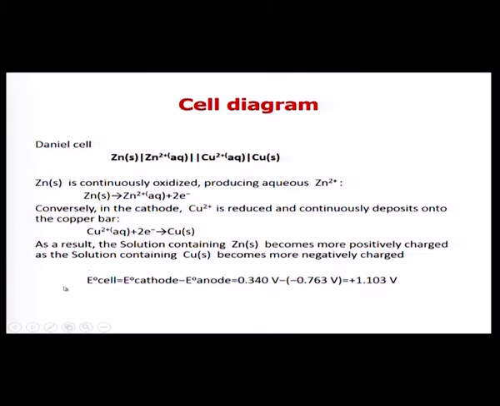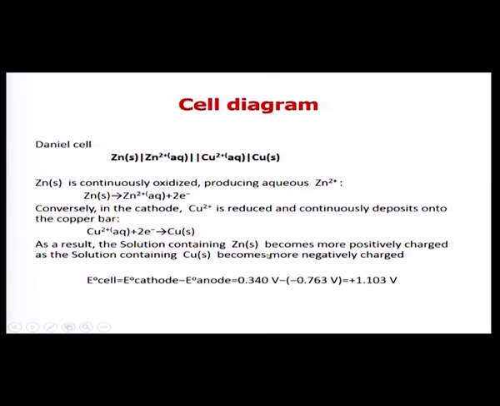If we consider the cell potential, that is actually the cathode minus anode. For copper it is plus 0.347 volt, whereas for zinc it is minus 0.763. So, if you put this together, the overall electrode potential comes out positive, plus 1.103 volt, the voltage arising out of this Daniell cell.